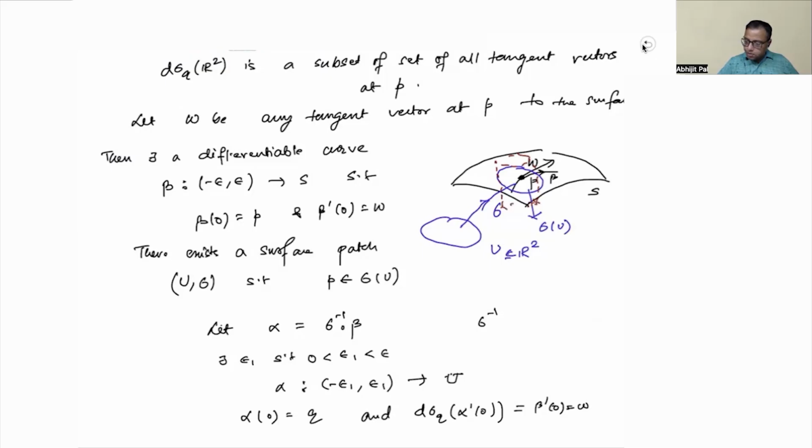This is an application of the inverse function theorem. So I can get hold of a differentiable function from this U cross R to R3. So that is my F, okay? And F is a local diffeomorphism.